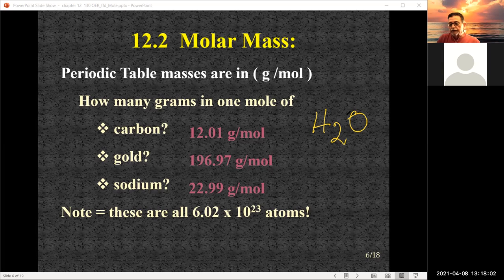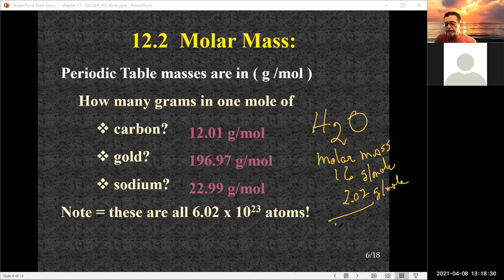Once we have that information, then we go and figure out the molar mass of H2O, water. So we have oxygen. Oxygen, we look in the table, is 16 grams per mole. We have hydrogen. Hydrogen is 1.01, but we got two of them, so we got 2.02 grams per mole.